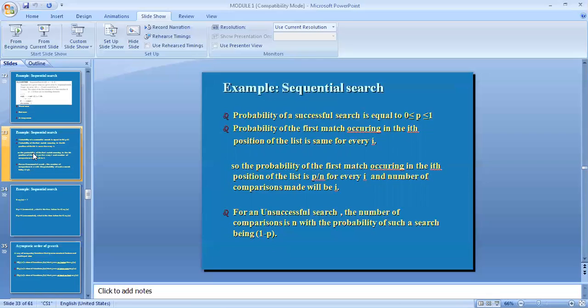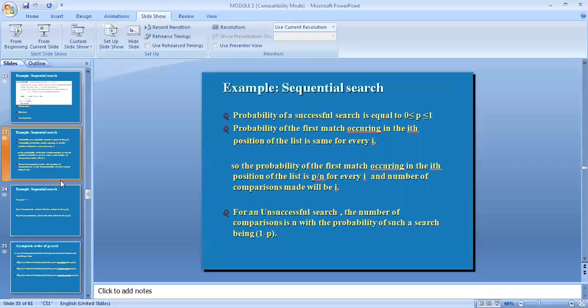The probability of a successful search is p, where 0 is less than or equal to p, which is less than or equal to 1. It's a probability value, and a probability always lies between 0 and 1.